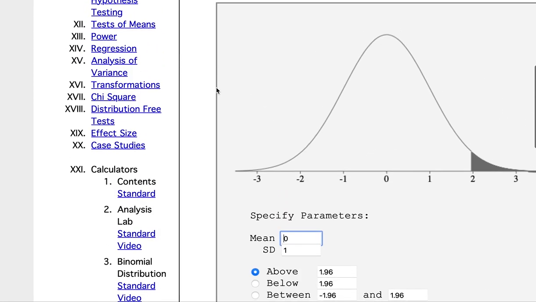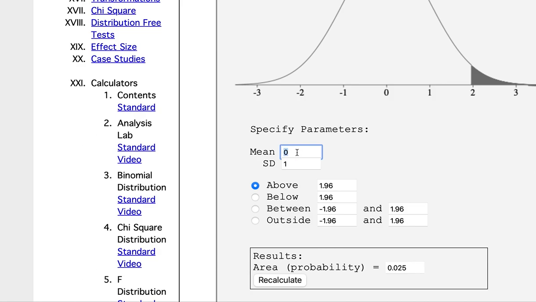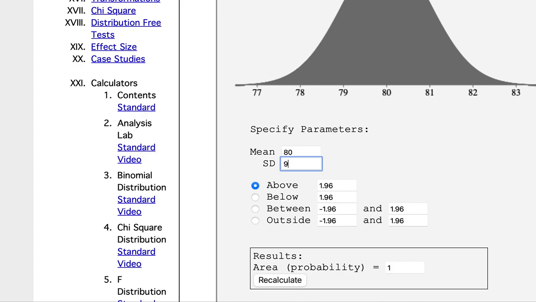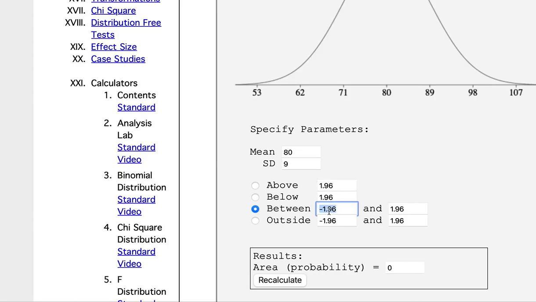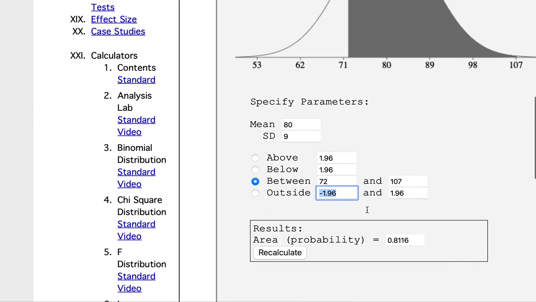So let's say you've got a mean of 80 and a standard deviation of 9, and you want to find how many items are between 72 and 107. What this will calculate for you is the probability for that particular range.